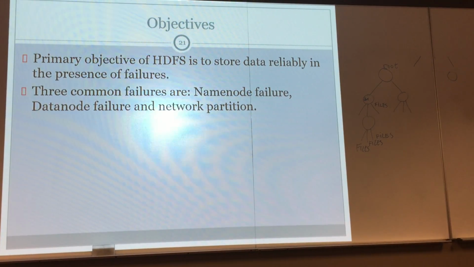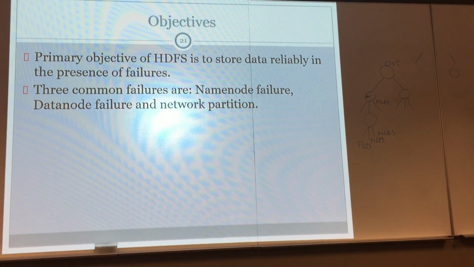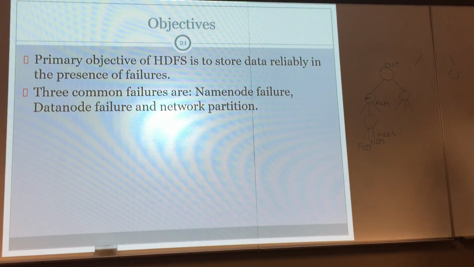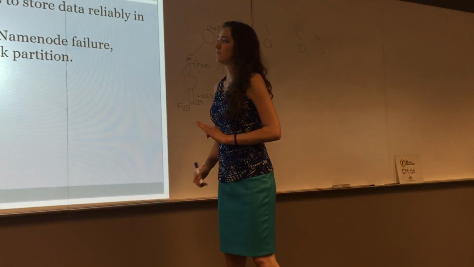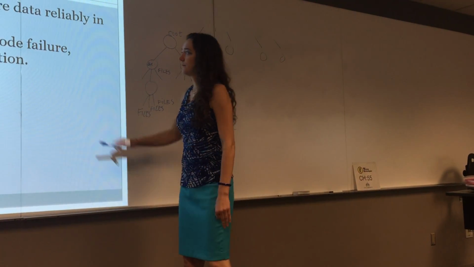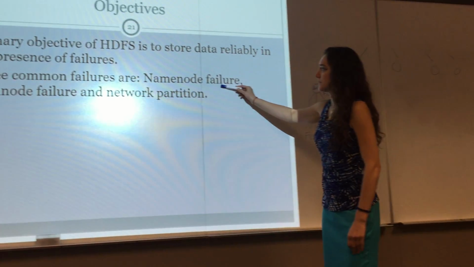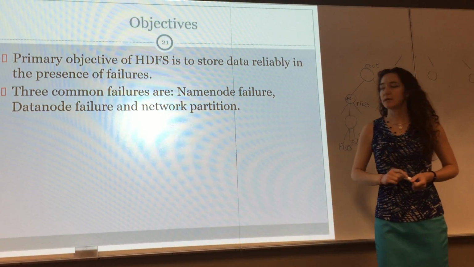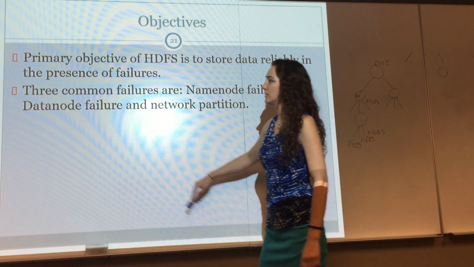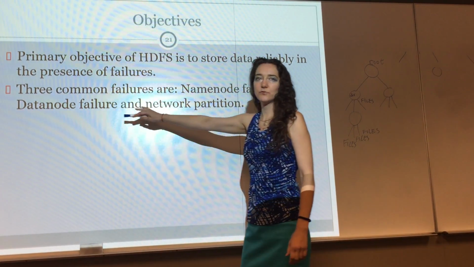We mentioned that failures are expected. With this HDFS system, there are three points of failure that we can have. The first one is the name node can fail, which is the worst case scenario. Any of the data nodes can fail, and that happens often.